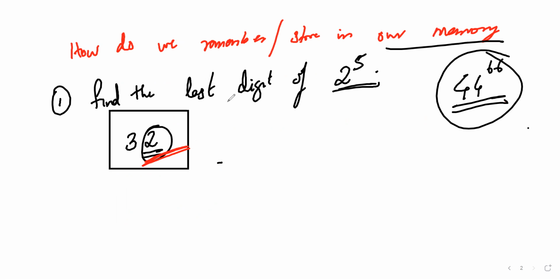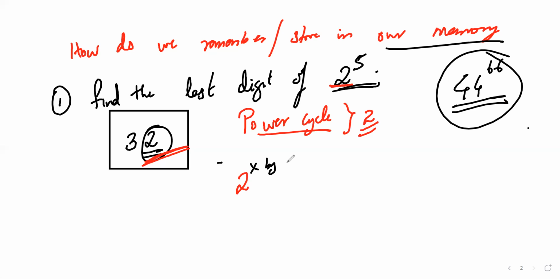So the mechanism of this is, my base value is 2. So first step is to find what? Power cycle of 2. In the sense, what I'll write here: 2 multiplied with 2 itself. What will I do?